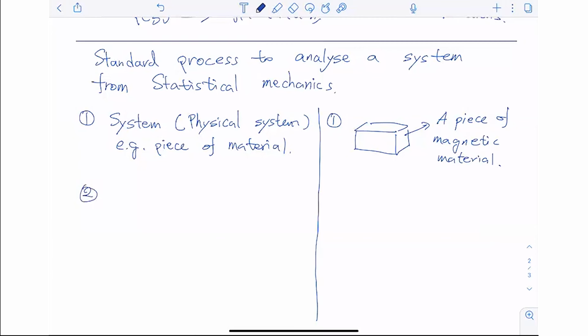So the second step to study this piece of material is to model the system, using some physical arguments to identify the corresponding relevant microscopic degrees of freedom.